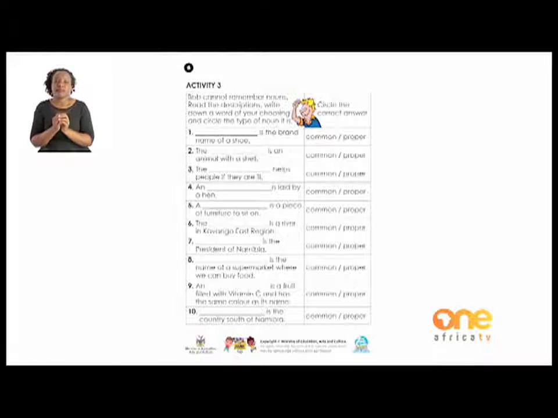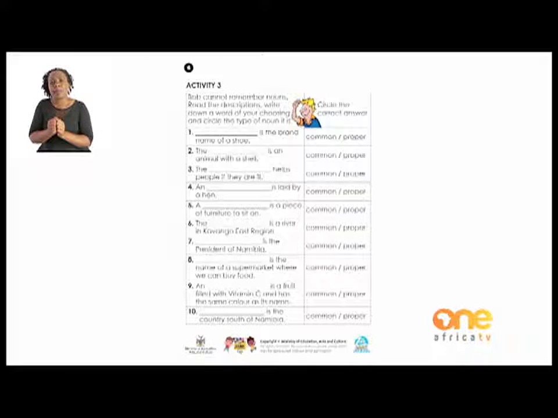Right. The first one, dash is the brand name of a shoe. Do we know brand names? For example, we have Wayne Brenner. That's a brand name of a shoe.